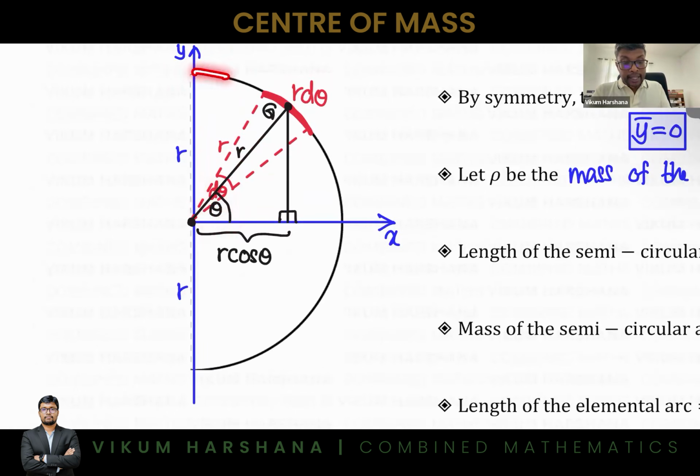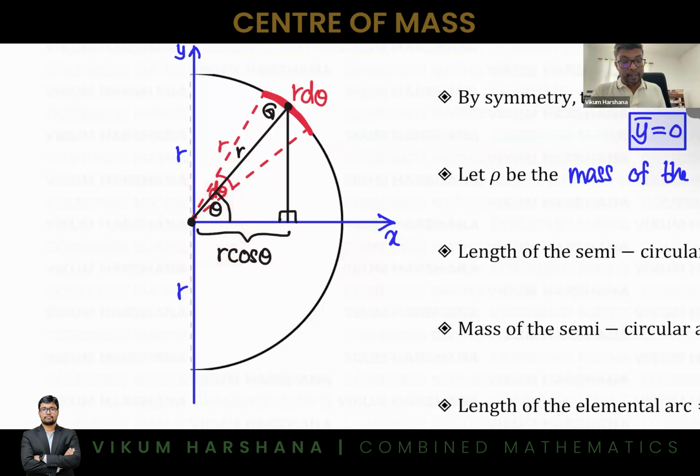So when the position of the elemental arc changes, theta changes. So theta actually is the main variable in this question. Theta changes from 0 to 90 as well as minus 90. So those are the two boundaries we need for theta. So theta can be minus 90 to plus 90, right?